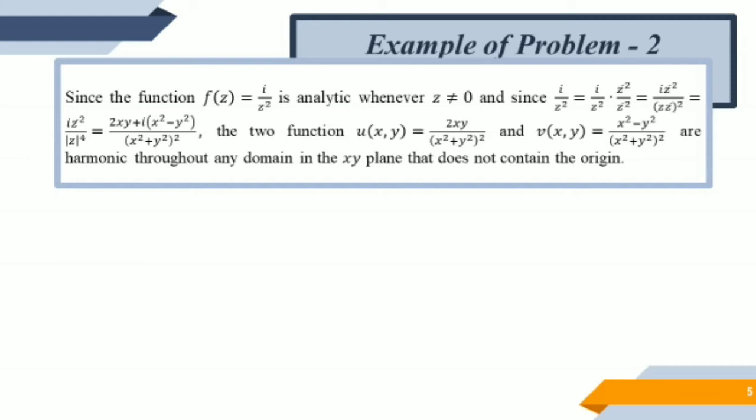The two functions u(x,y) equal to 2xy over (x^2 + y^2)^2 and v(x,y) equal to (x^2 - y^2) over (x^2 + y^2)^2 are harmonic throughout any domain in the xy plane that does not contain the origin.